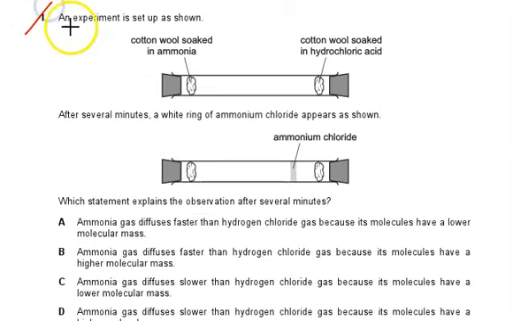Okay, number 1. An experiment is set up as shown. Here is a cotton wool soaked in ammonia, which is NH3, and here is another cotton wool soaked in hydrochloric acid.